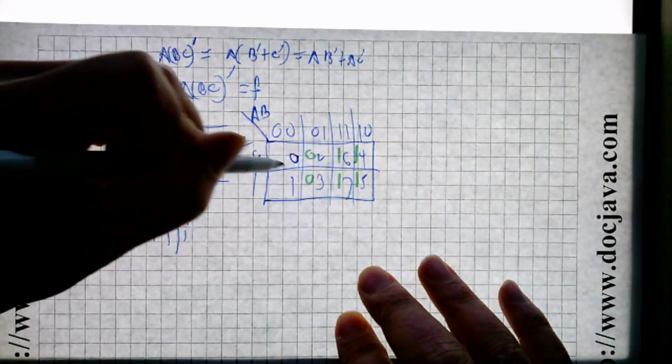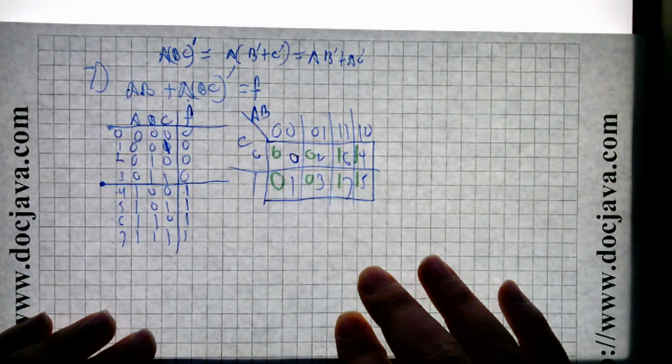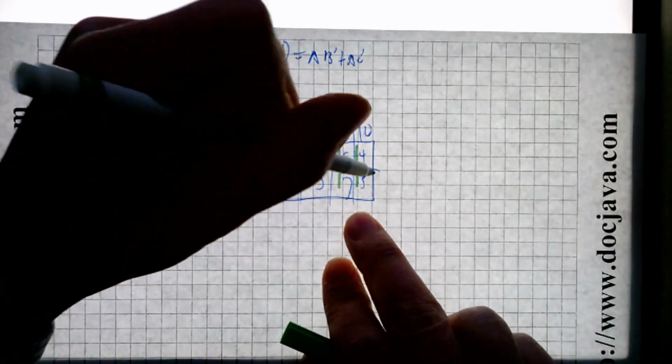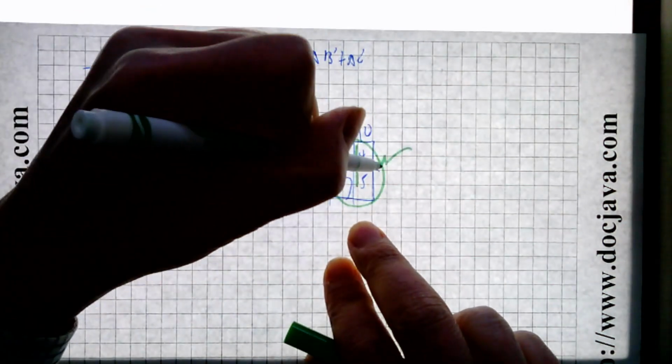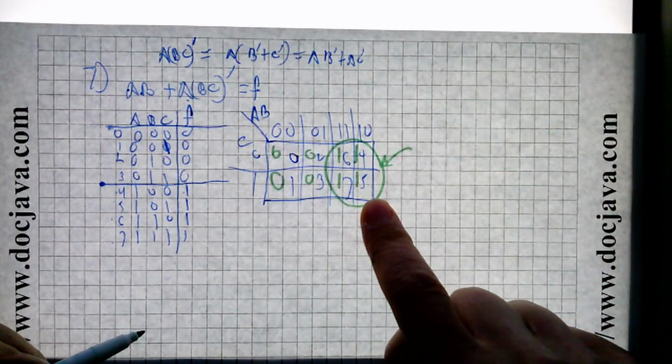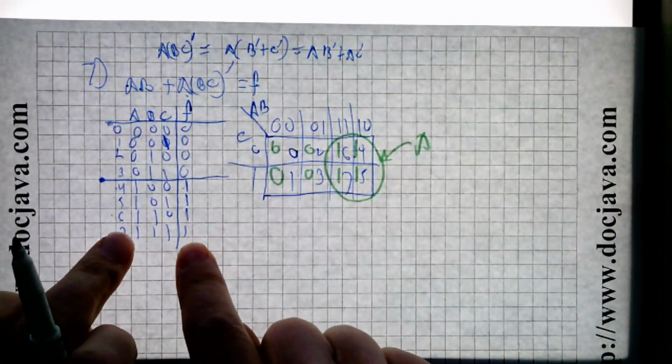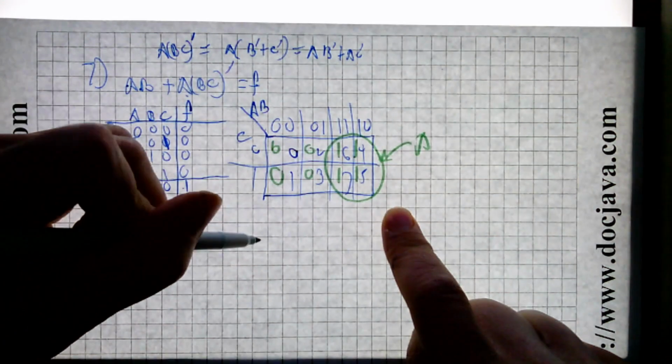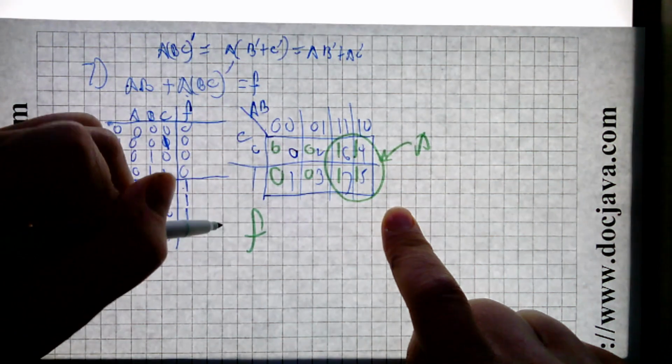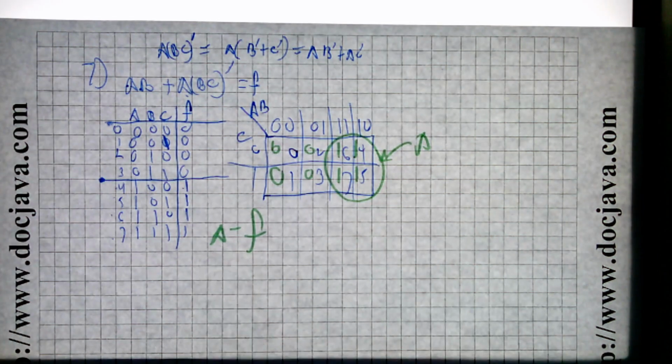Everywhere else it'll be a 0. Now you do your looping. And what do you call that product term? Yeah, that's A. And you can see that when A is true, F is true. So we've replaced F with a wire that connects to A. Can't get simpler than that. And so that is a correct answer to question 7.